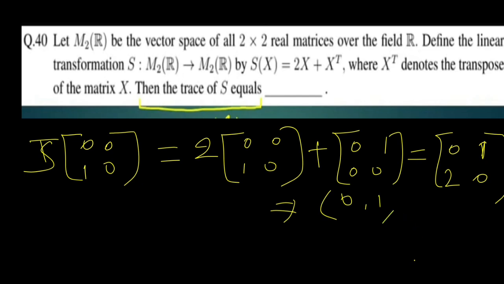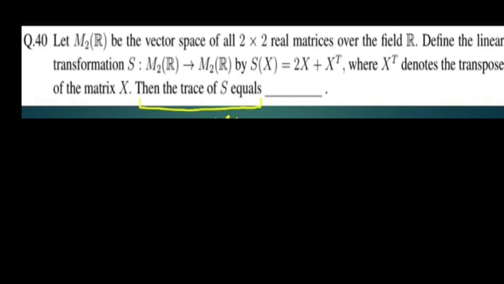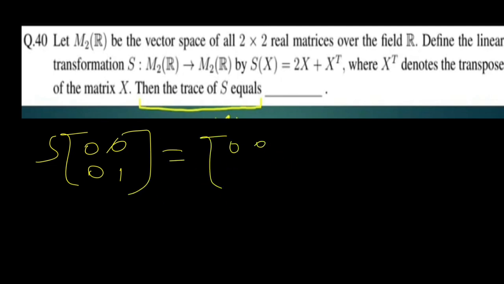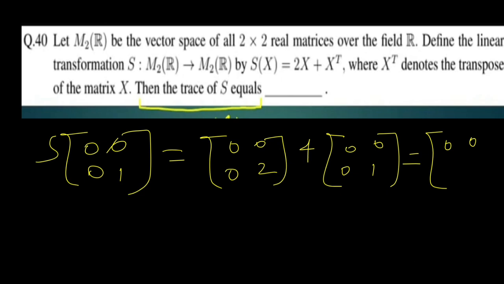Now similarly for the fourth element of the basis, 0 0 0 1, it changes to 0 0 0 2 plus the transpose, and the sum is 0 0 0 3. Its coordinates are 0 0 0 3.